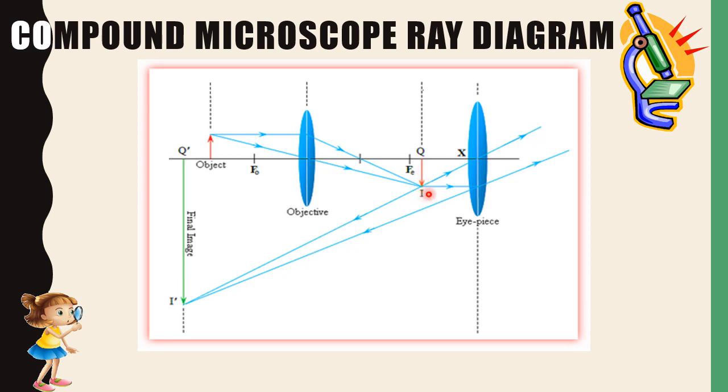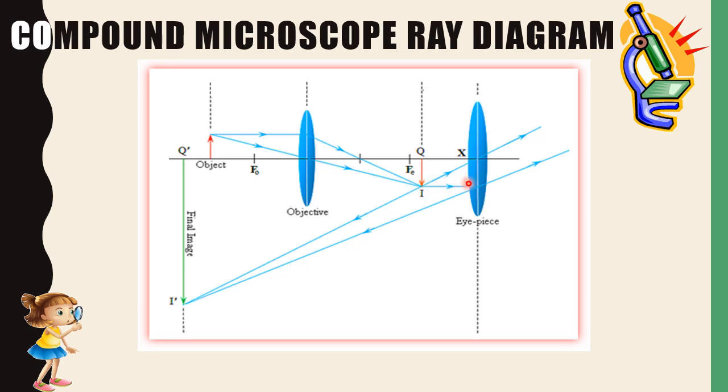QI is the object for the eyepiece. We view through the eyepiece, and remember the object was erect over here. The image formed by a convex lens when the object is beyond the focal length will be inverted. Therefore, QI is inverted. But QI is formed within the focal length of the eyepiece.